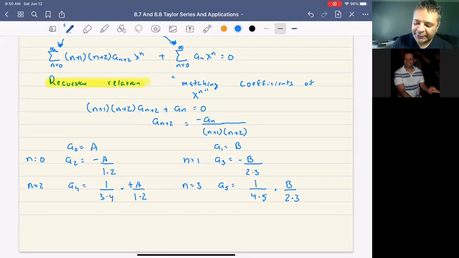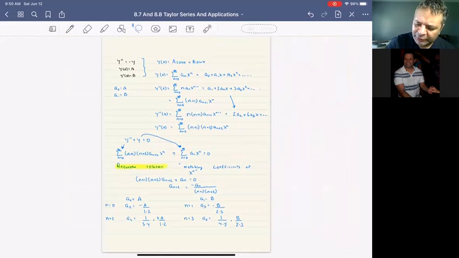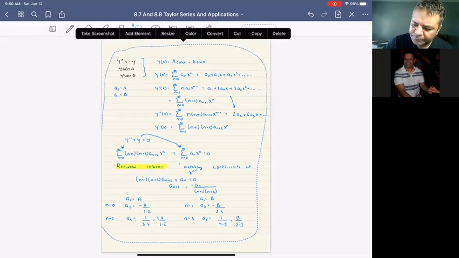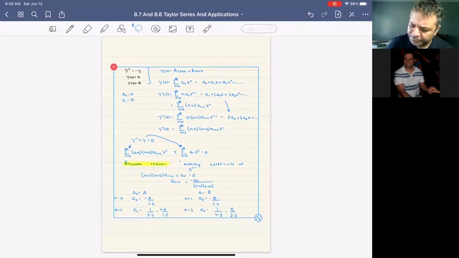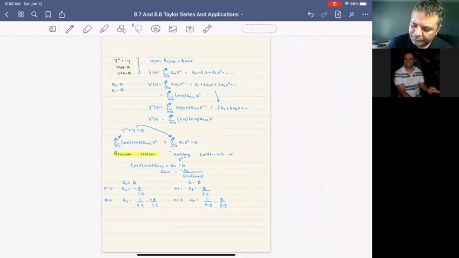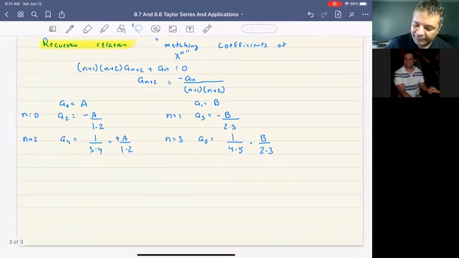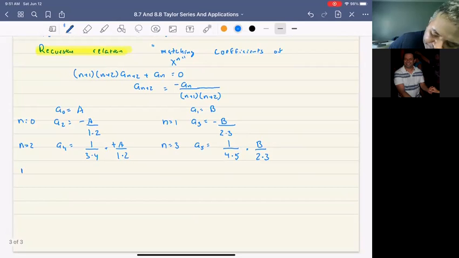Okay, I want you to notice something. 1, 2, 3, 4 shows up here, and 1, 2, 3, 4, 5 is showing up there. We do just 2 more. Hopefully you'll start to see the pattern. Let's do n equals 4.